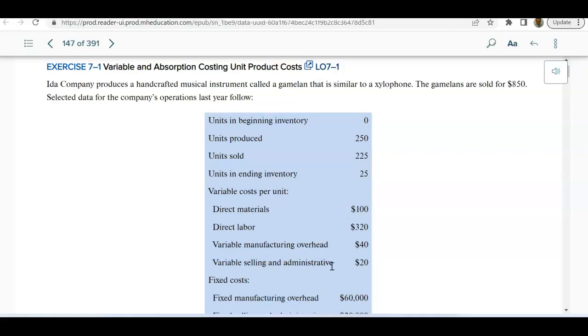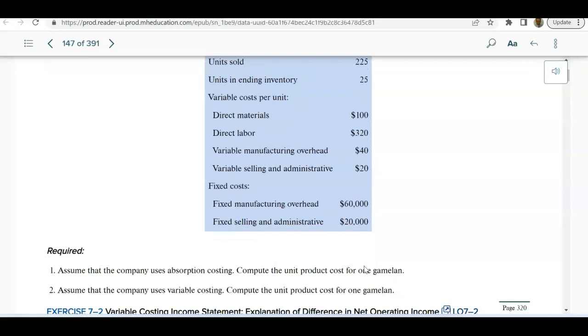So here is the variable cost for selling and administrative. However, we also need to know exactly what fixed cost we have. The fixed cost we have is $60,000 for manufacturing overhead and $20,000 for selling and administrative. So it's an awesome problem, looks like.